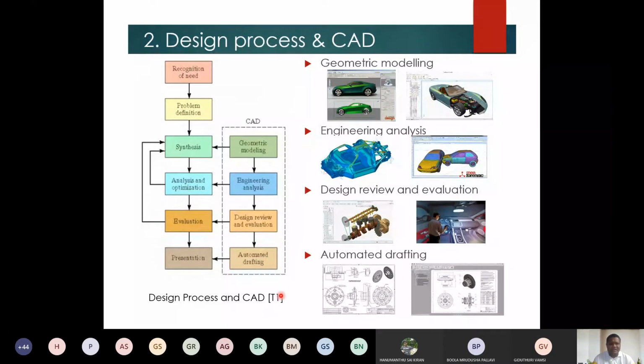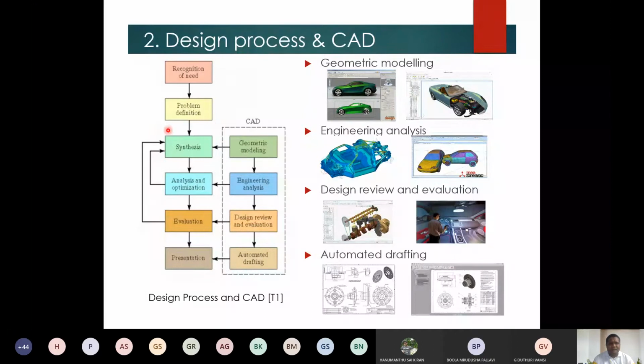Design process, this particular diagram is taken from the first textbook. If you look at the design process, he is calling it, starting from the recognition of the need, problem definition, and then synthesis, and then analysis, evaluation, presentation. All the phases he showed in a vertical manner. For example, synthesis means whatever ideas and definition you have, and also the feedback from the analysis.